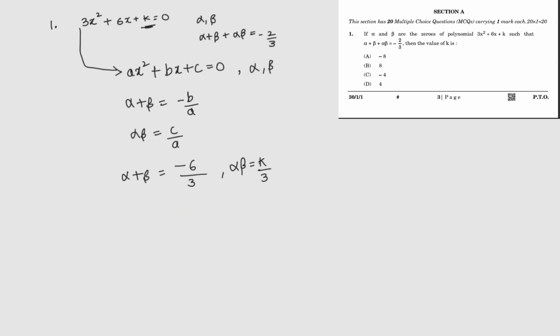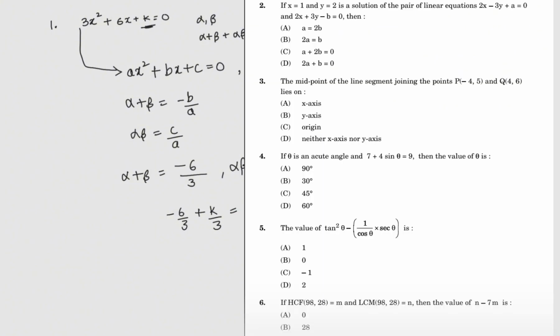Now we already know that the sum is equal to minus 2 by 3. So minus 6 by 3 plus k by 3 is equal to minus 2 by 3.